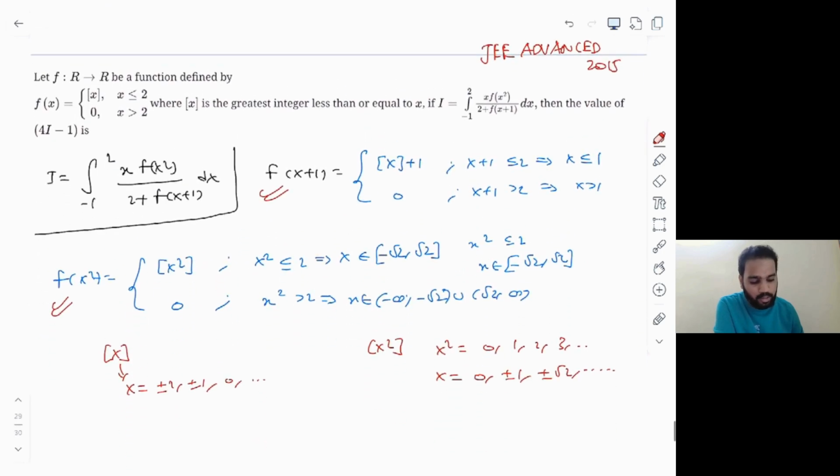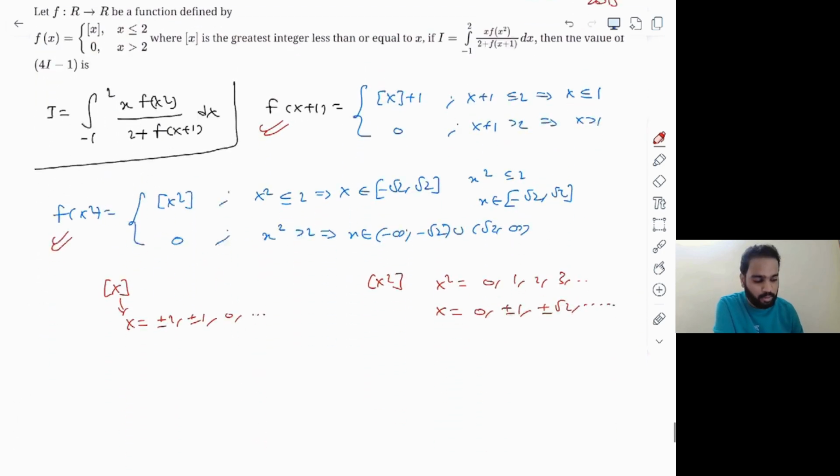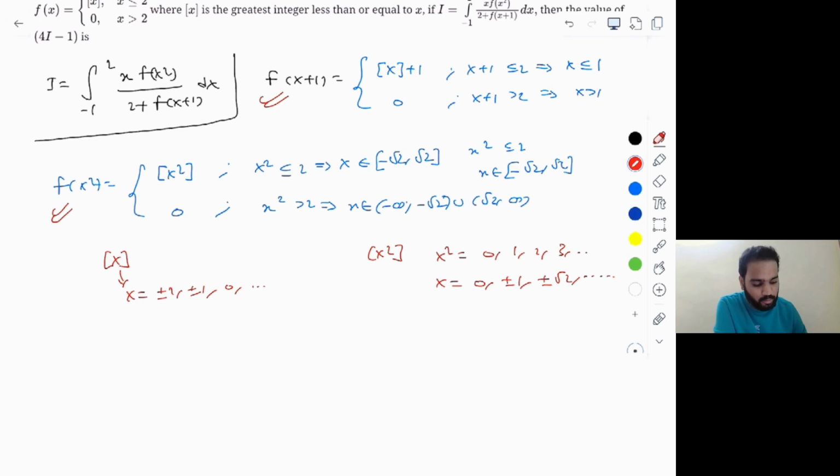But what is your required interval of integration? Minus 1 to 2. So let's pick the points which are only required here in the interval minus 1 to 2. So which would mean you have to break at 0, 1, and also because of the step of x square you would need to break at plus root 2 also, right?